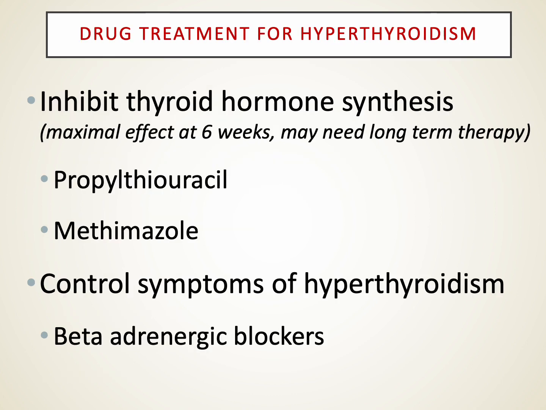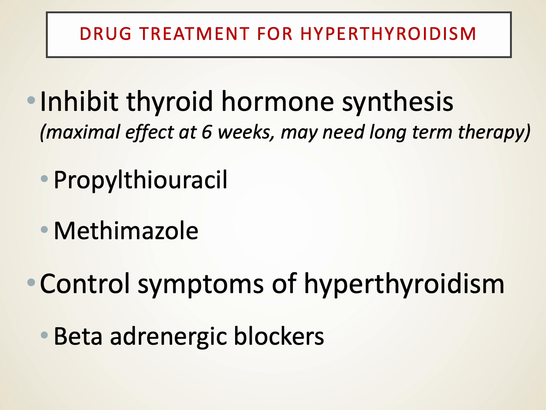The drug therapies we use for treating hyperthyroidism inhibit thyroid hormone synthesis. It may take a few weeks, up to 6 weeks, before we see the benefit that we would expect to see, and patients may need longer-term therapy. Hopefully they are also going to be evaluated for ablative therapy of some kind.